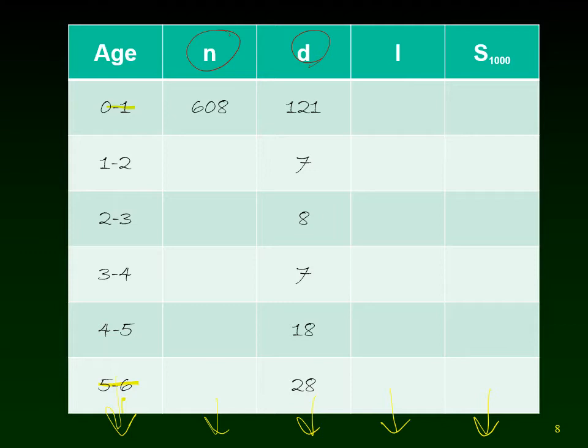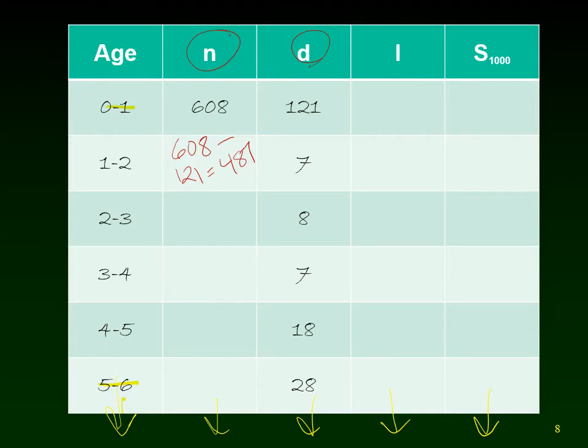So if we take 608 skulls of sheep that were born and subtract 121, we're going to get 487 sheep left in the age group 1 to 2.